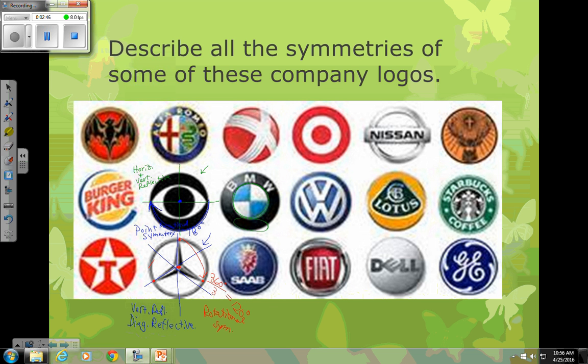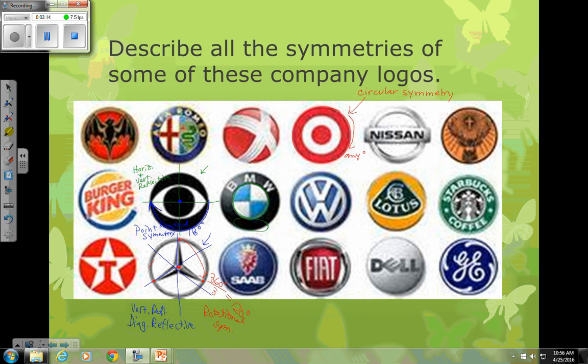Let me see if there's another good example on this. Yes, let's look at the target symbol. The target symbol, notice, is a concentric circles. It has what we call circular symmetry. Whenever you can rotate any degree measure and it's going to match, we call that circular rotational symmetry.